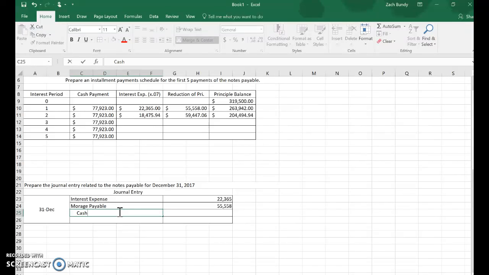You'll also notice that I am not that computer savvy. I didn't know how to transfer in the table, so I just did it manually. And then cash is the last thing that we're going to do, which is going to be the total of everything. So which is pretty simple. It's 77,923. So that's all the payments that we're going to do for the journal entry.